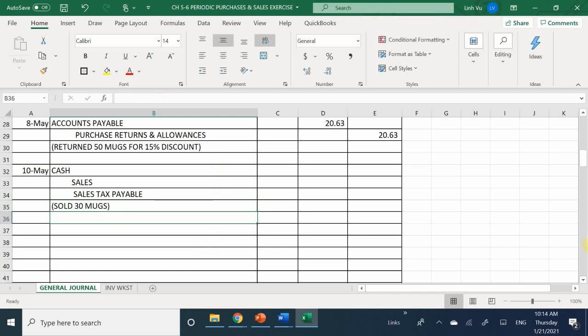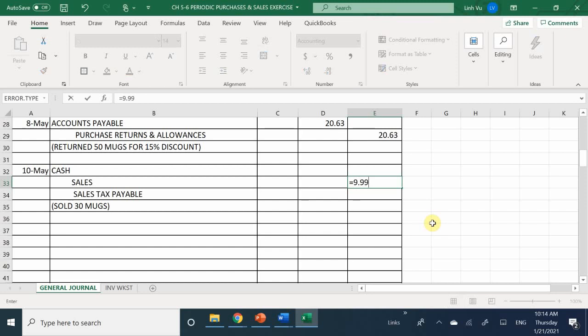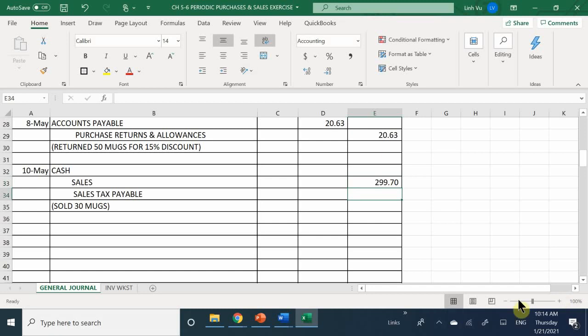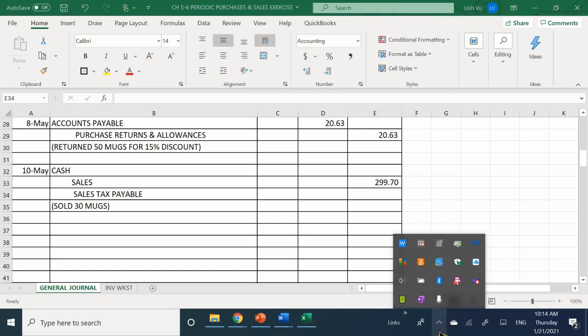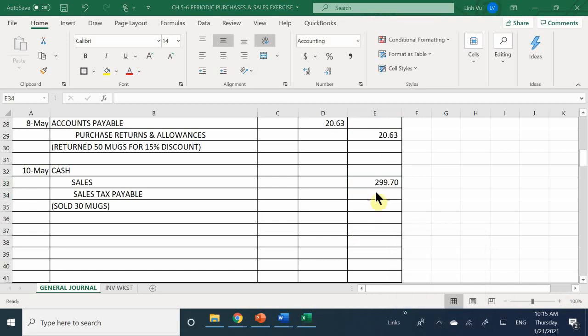So what was our total sales here going to be? $299.70. All right, how much tax is on this? $24.72.